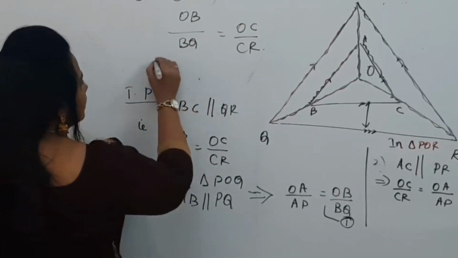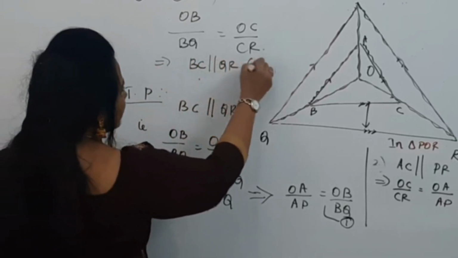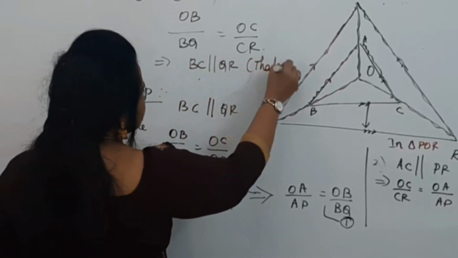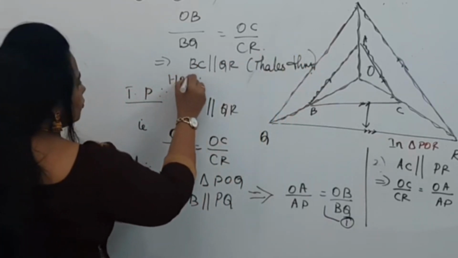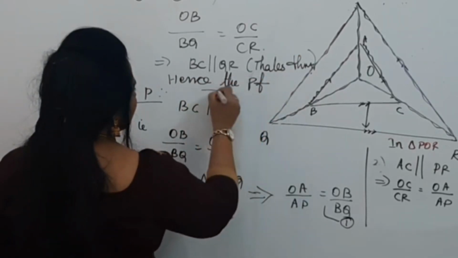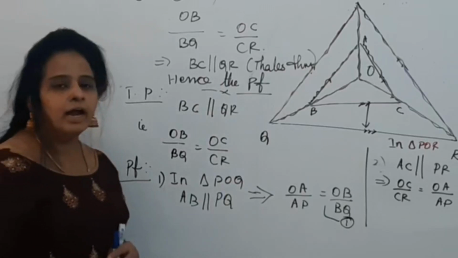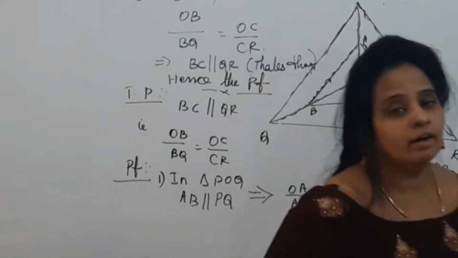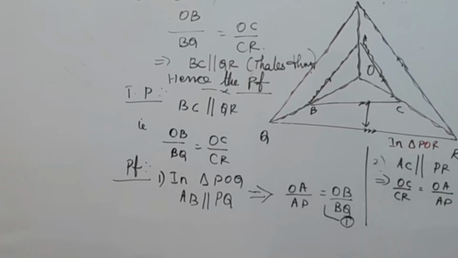That implies BC is parallel to QR by Thales theorem. So hence the proof. Hope you understand how you get the proof for this question. So first you have to pick up your triangle and then you get your ratios. Then automatically you get either the lines are parallel, or the ratios are equal.